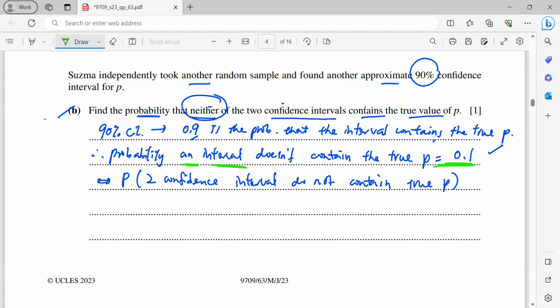Now, because there are two intervals, and we know that these two intervals are independent, it will be 0.1 for the first interval, and the second one will be 0.1 as well. Since they are independent confidence intervals, we multiply together. So you'll be getting 0.01. The reason is that they are independent samples.